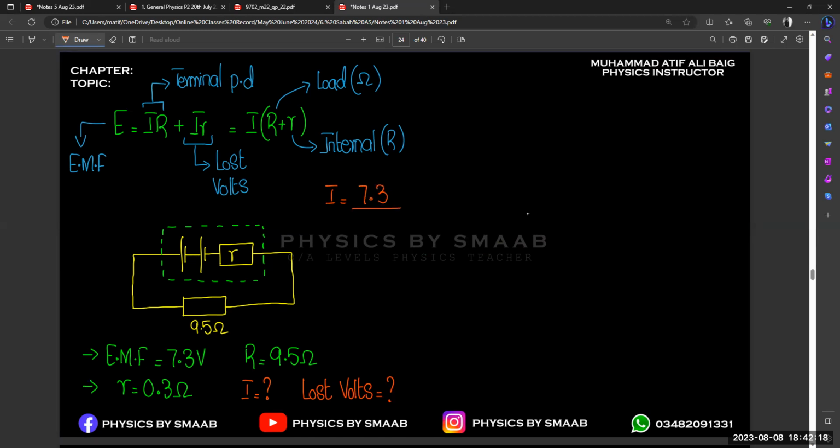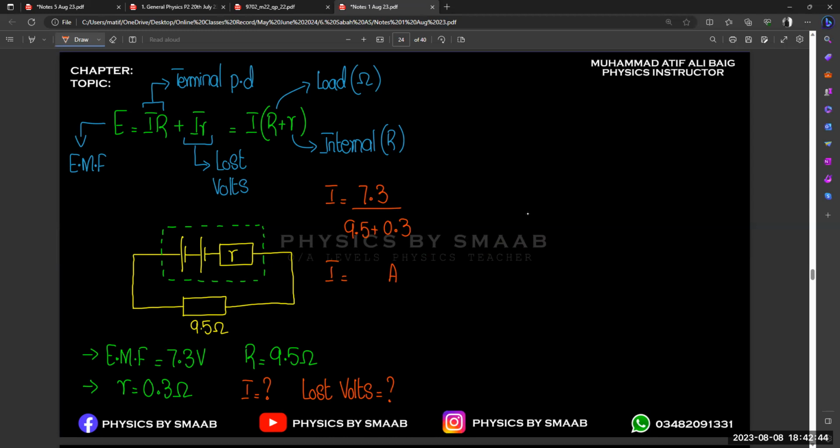So 7.3 is the voltage divided by the combined resistance, as you said, we need to add them up in the formula. Your final value is in amperes, for electric current. And then you need to find the lost volts.